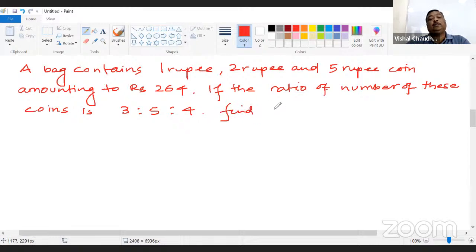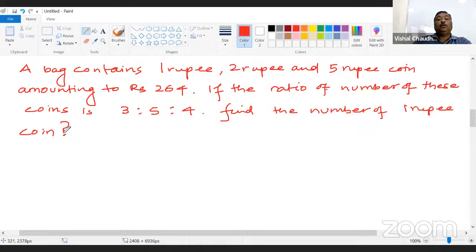The question says, find the number of 1 rupee coins. So understand, we have 1 rupee, 2 rupee and 5 rupee coins, and we have numbers in the ratio 3:5:4.